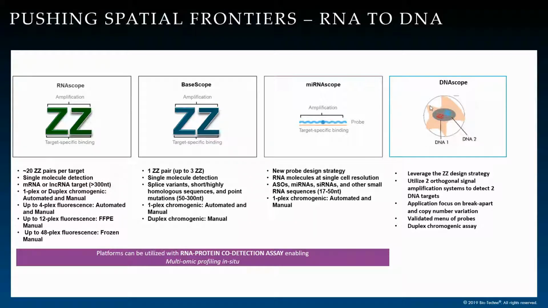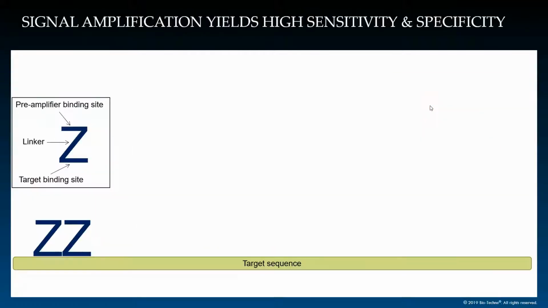This assay was mainly launched to expand the applications into looking at gene fusions, translocations, amplifications, and deletions. So overall, depending on your research question, you can utilize any one of these platforms to help advance your research. In the next slide, I'm just going to go over some of the strategic elements of our technology that make it stand apart from some of the other tools.